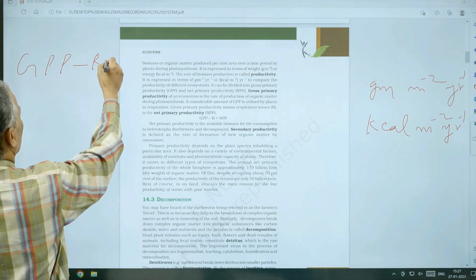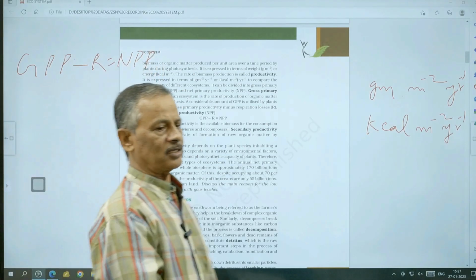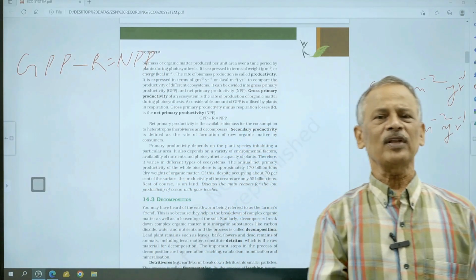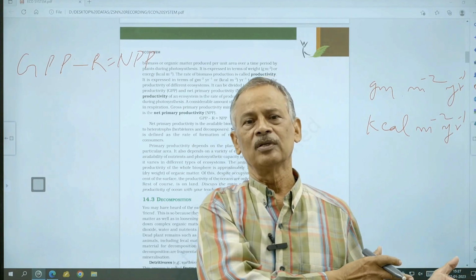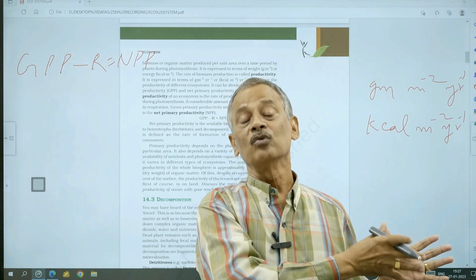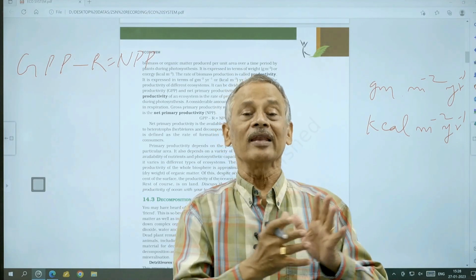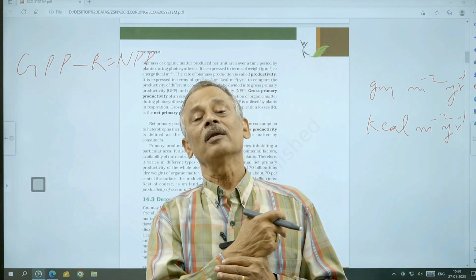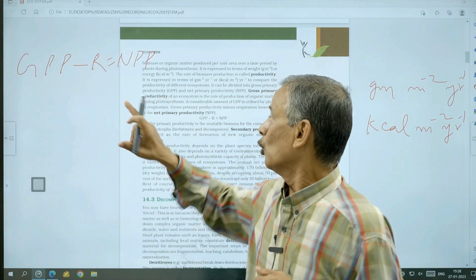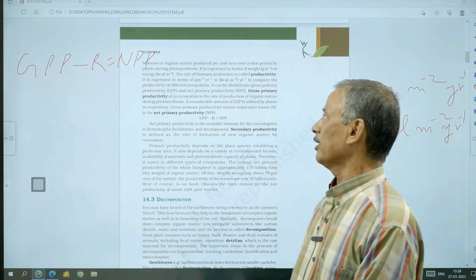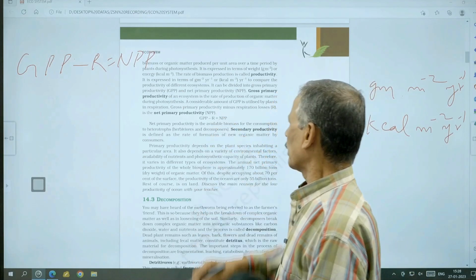What is remaining is called net primary productivity. So after meeting my expenses, what is left, I will give it to my family members so that they can use that money for their living, or I can deposit it in my bank account. That's what I am saving. So this amount is called NPP, net primary productivity.